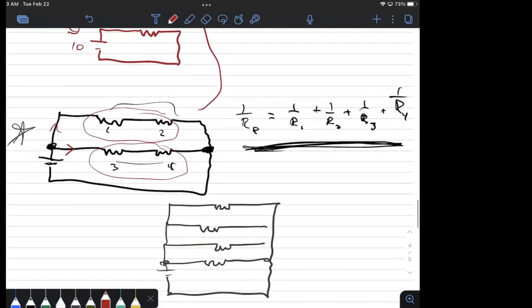And that's the mentality we have to get into to start to be good with this stuff: what's the intuitive feeling this is telling me? This means all 4 of these resistors are parallel to each other. None of them are connected to each other in series. And so, yeah, that's a very good question.